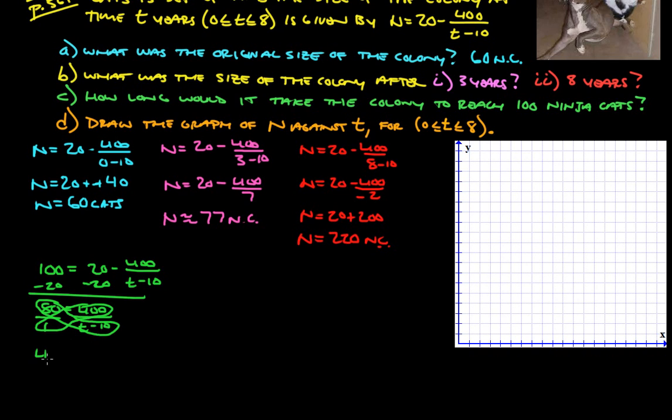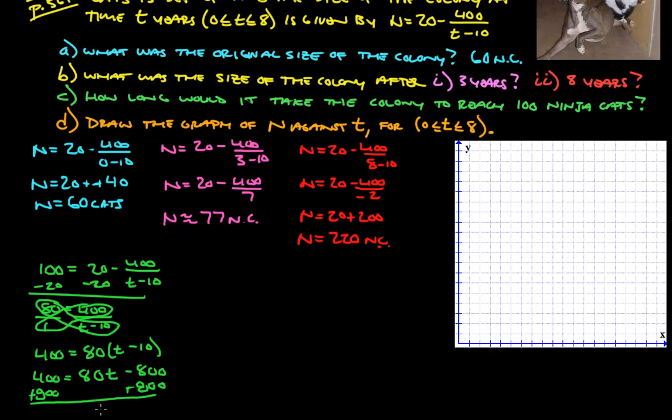So basically we get 400 equals 80 times t minus 10, right? 400 equals 80t minus 800. So add 800.